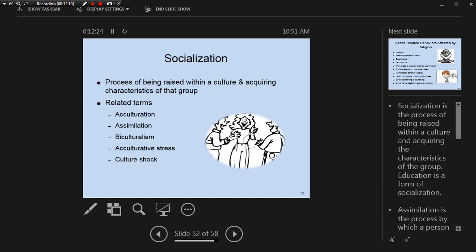If people immigrate or migrate to the United States, it's how much they've started to take on the dominant culture of where they're living now, or whether they're able to hold on to some of their own culture and traditions and yet still live successfully with the dominant culture where they are. So be familiar with the related terms to socialization.